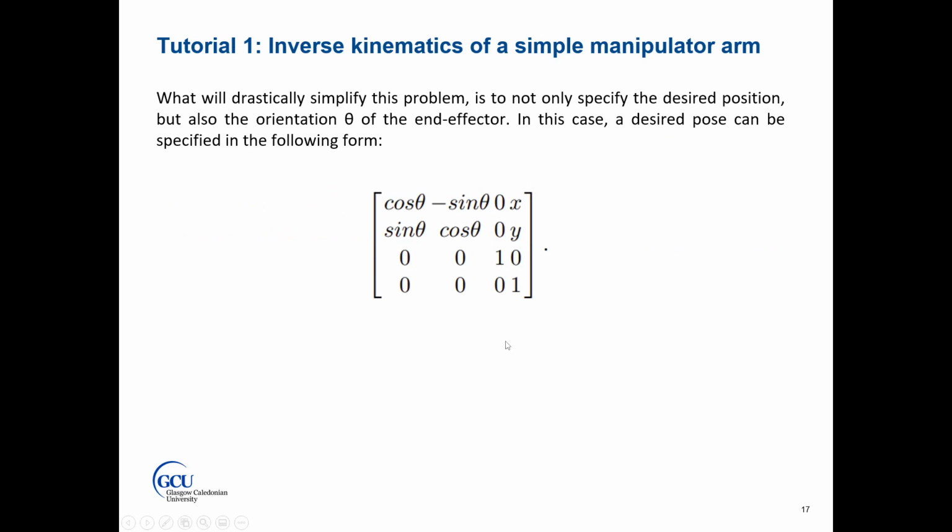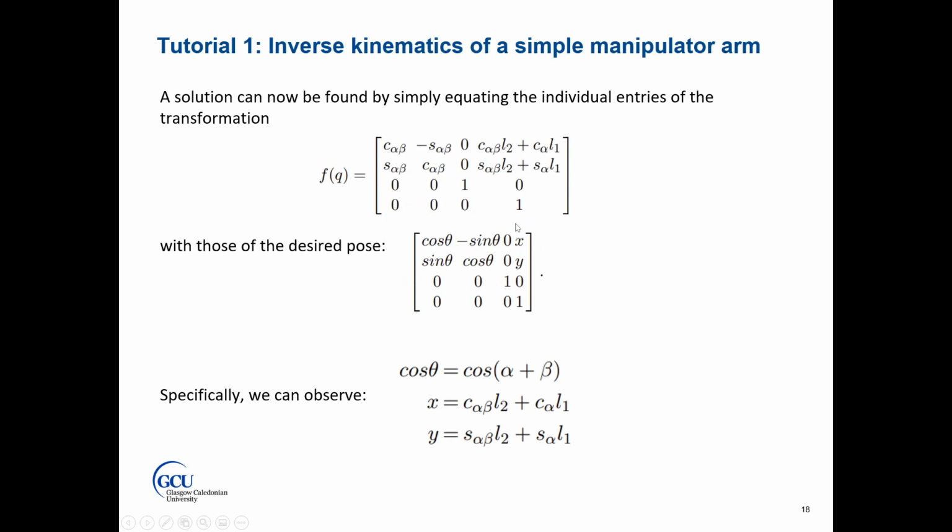Because what we are going to have is a transformation matrix like this one. It's going to have the angle of the end effector theta, which is going to be the orientation, and then the position x and y of the end effector.